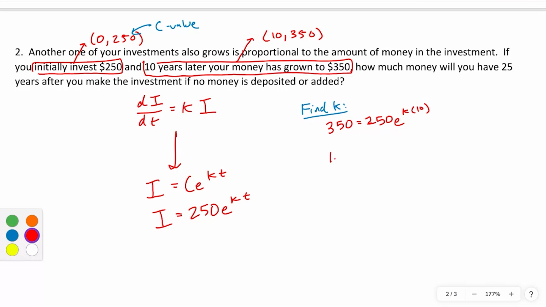So you get 1.4 is e to the 10k. Then we can take the natural log of both sides. So the natural log of 1.4 is 10k. So k is the natural log of 1.4 over 10.